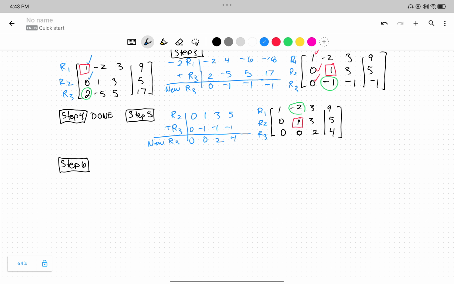Okay, so we said 2 times row 2 plus row 1, and that'll give you your new row 1.